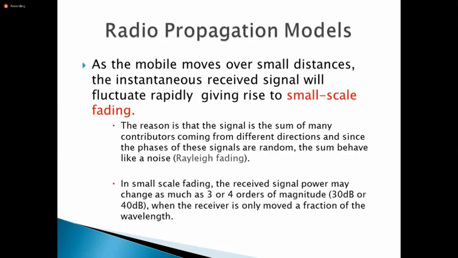All right. Now we have two types of radio propagation models. One is the small scale propagation model or small scale fading, and the other one is called the large scale path loss.